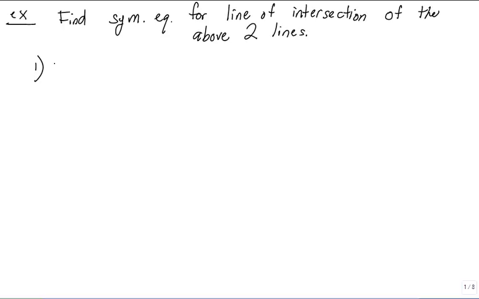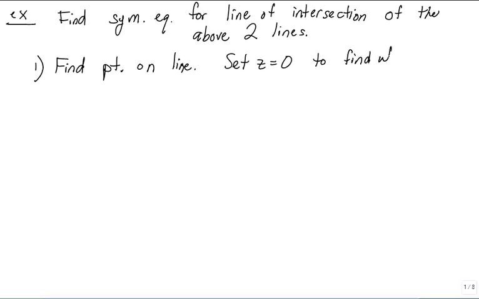So first thing we need to do is find a point on that line. And the easiest one to find is we're going to set z equals 0 to find where the line intersects the xy plane. If both planes intersect there, the line intersects there too.